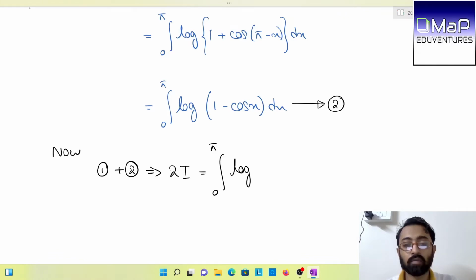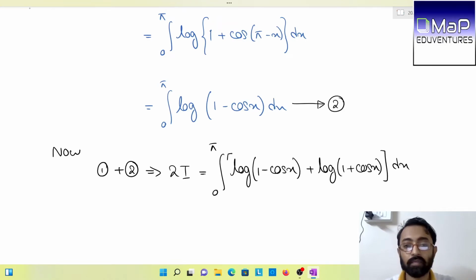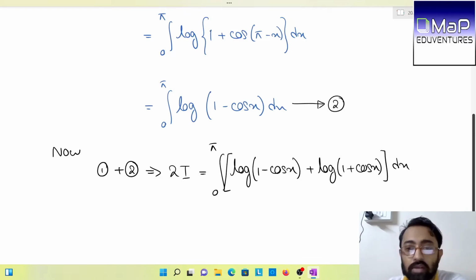log of 1 minus cos x plus log of 1 plus cos x dx. Okay. Now from the previous question we know the trick that by looking at the denominator you can judge whether to go with definite integral or not.